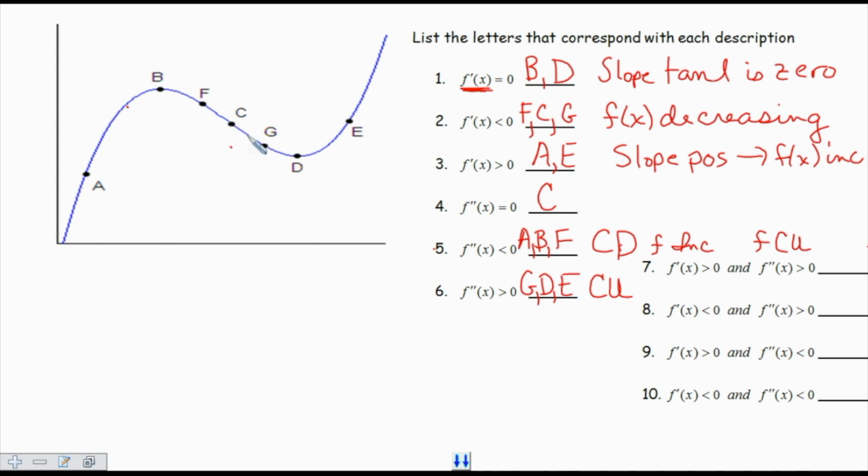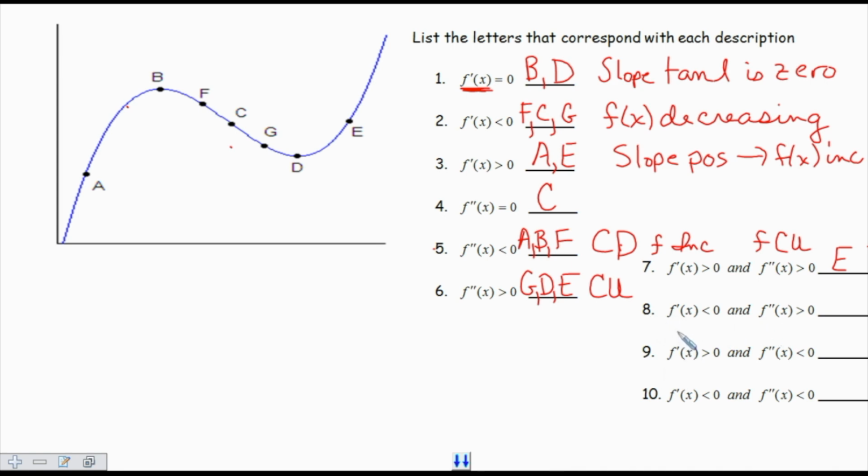This is still decreasing. That cannot be the answer. And now we're going to be increasing and concave up, and I hit point E. So now you've got to do both of them at the same time. All right? So I'm interpreting what these symbols mean about F, and I'm making a note about it, and then I'm going along the graph to find the points that match that.